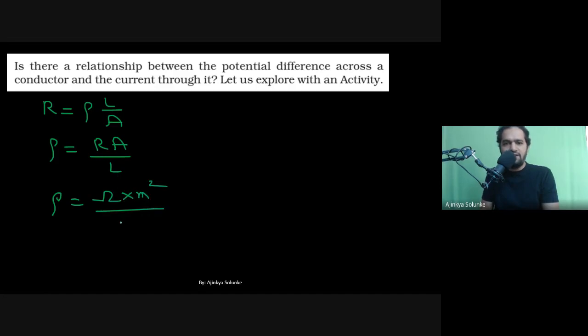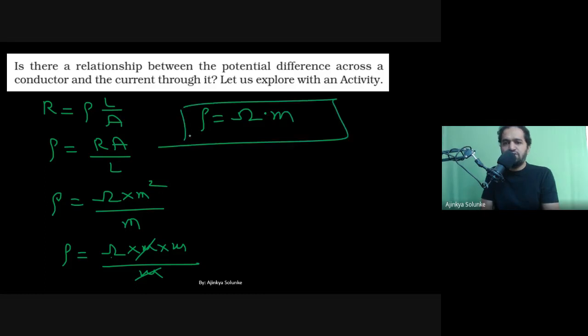What is the unit of length? Meter. Can I write meter square as meter into meter, and the bottom is meter again? So can I cancel one of them? What is remaining then? The remaining part is ohm meter. Agreed? So this is the unit of rho. Rho unit is ohm meter.